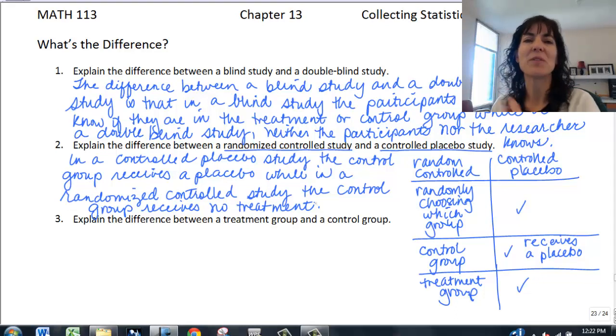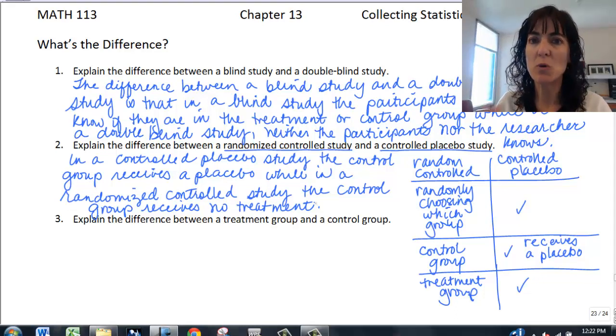And an example of that, remember, was the smokers versus non-smokers. That's the only difference, hopefully, between those two groups.